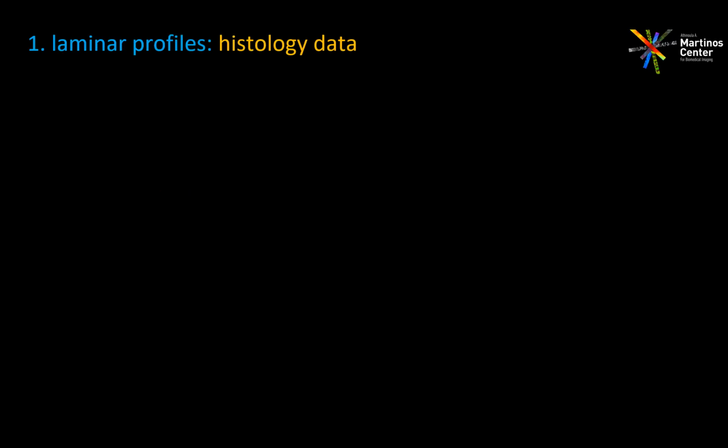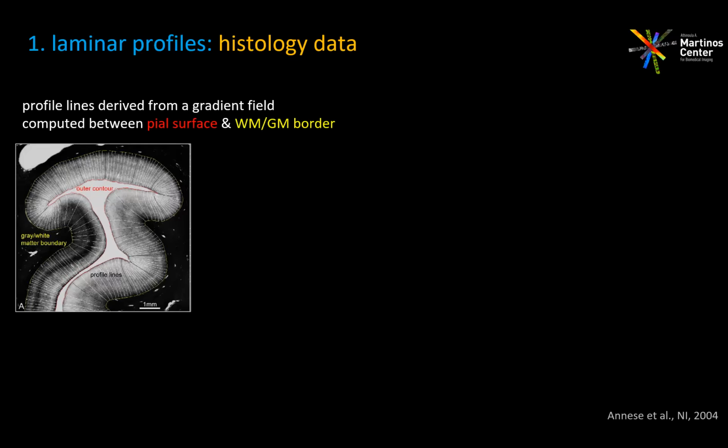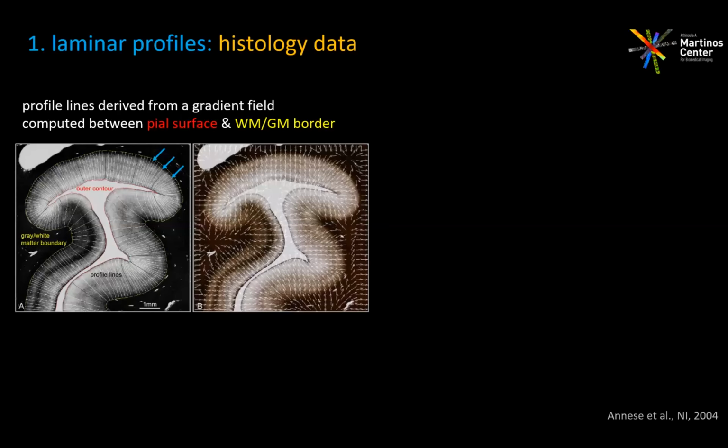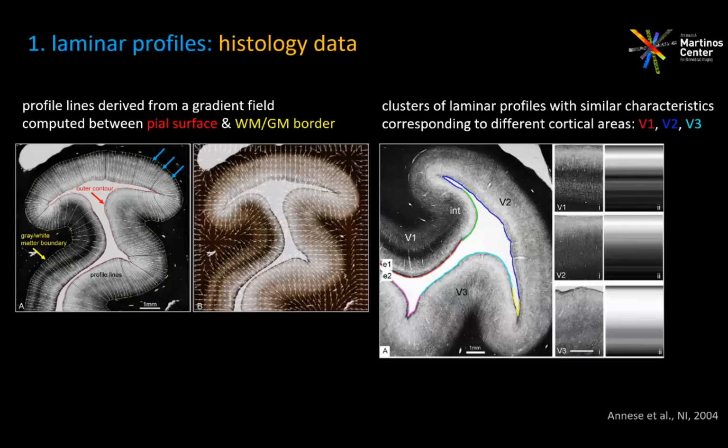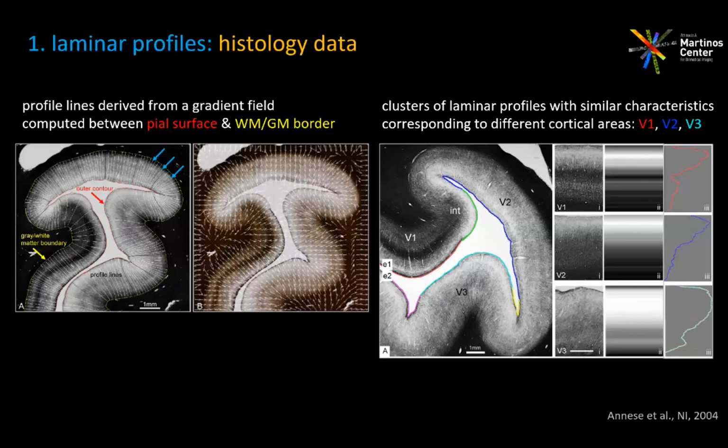I want to start with this beautiful histology data. As you can see here, this is, I believe, myelin stain, and there are these profile lines that were derived by the authors from the gradient field that was computed between the pial surface and the gray-white border. Then they clustered these profiles, and there were profiles of different kinds that corresponded to different regions of the visual cortex, like V1, V2, and V3.